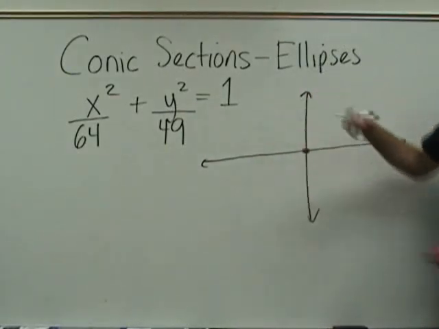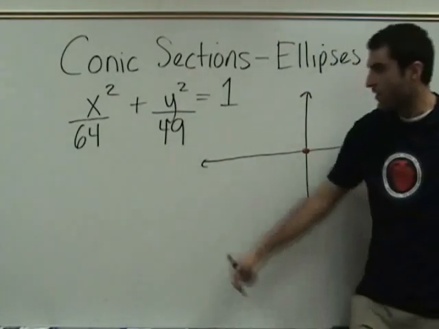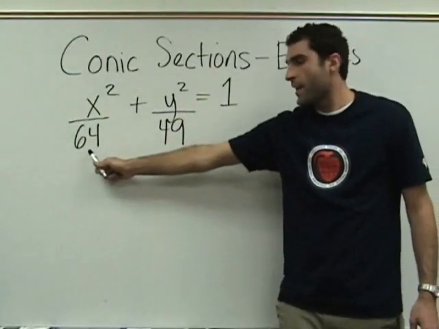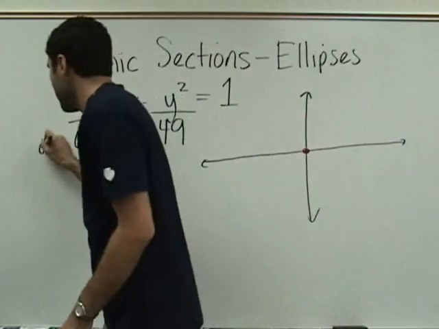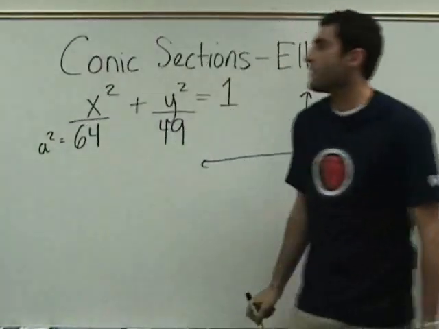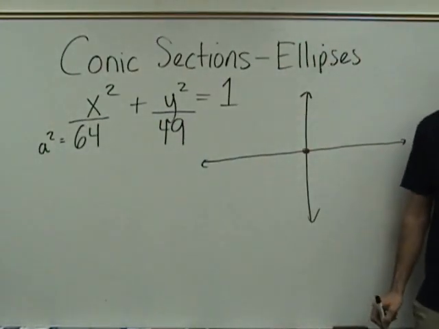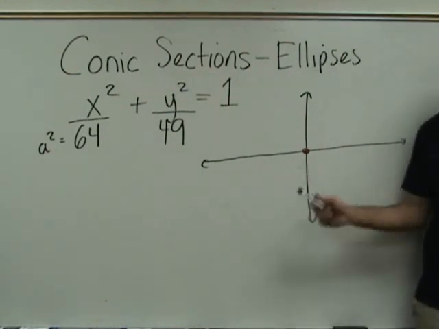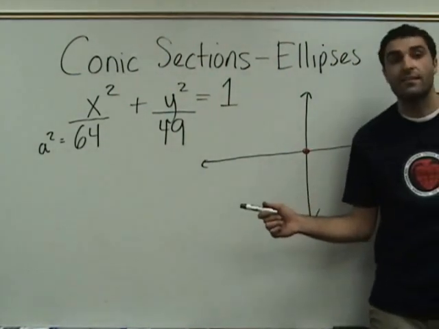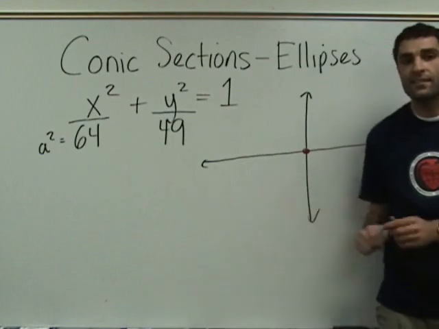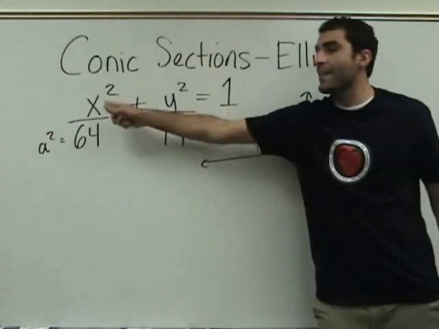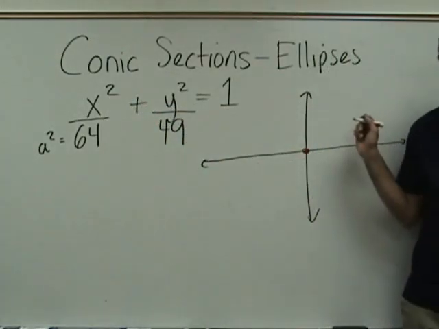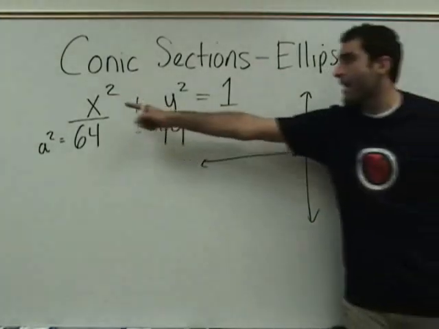And here's how it works. We look at the value under x. Usually we call this a squared. The value under x is a squared, 64. So what is the value of a? 8. The value of a is 8, and a is the value that we move left and right from the vertex, because it's x.